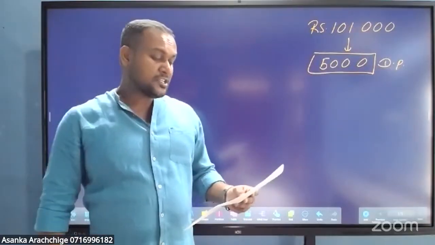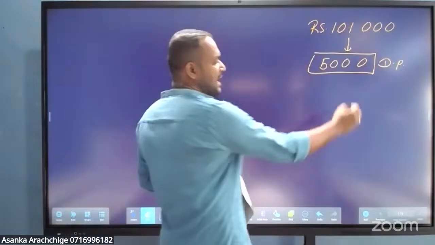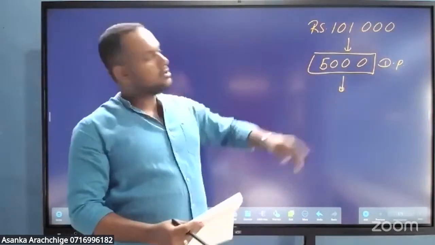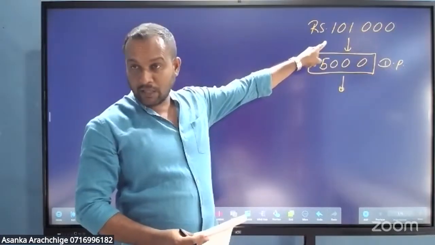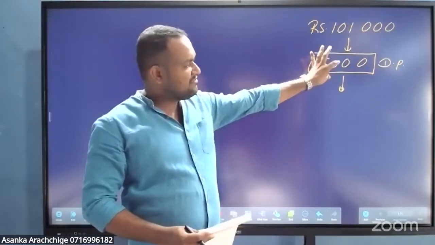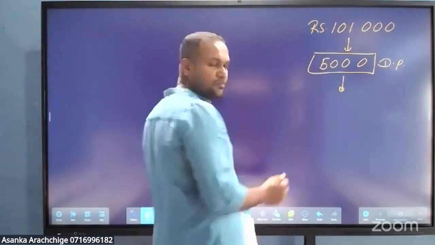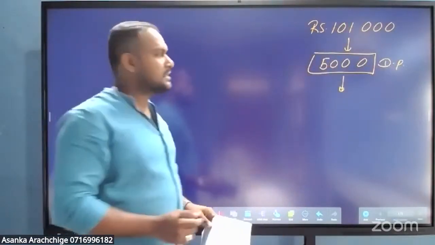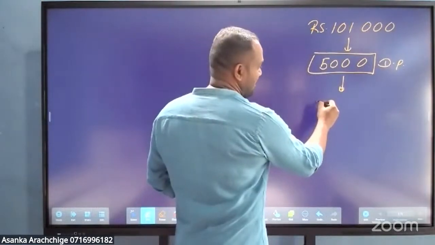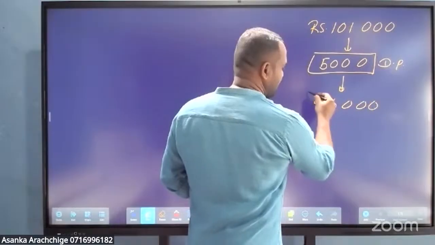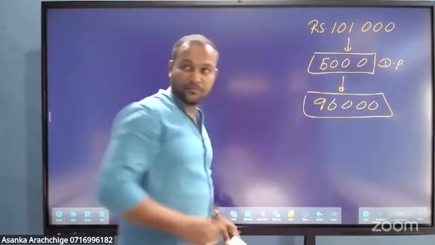That is 5,000 rupees. And the balance, the total cost is 101,000 rupees. When we pay 5,000 rupees, the balance is 96,000 rupees. Am I correct? Yes.